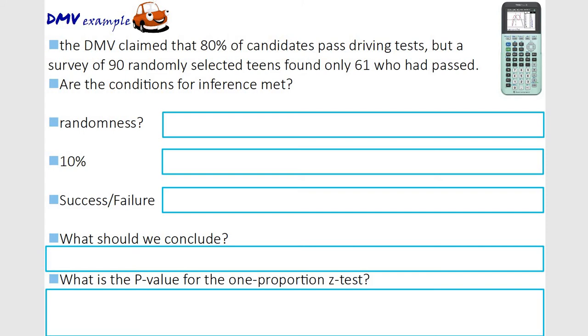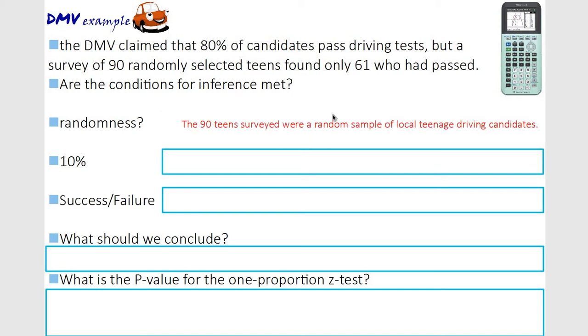The DMV claimed that 80% of candidates passed driving tests, but a survey of 90 randomly selected teens found only 61 who had passed. So this is how we would check for the conditions. The first condition we can check is randomness. That's pretty easy to do because the 90 teens surveyed were randomly selected.